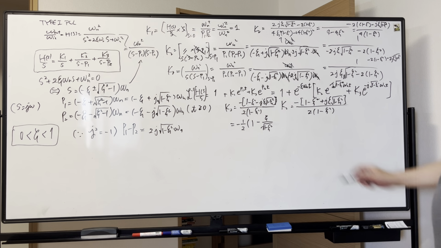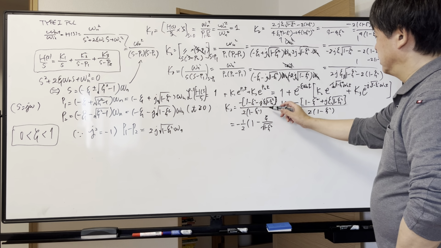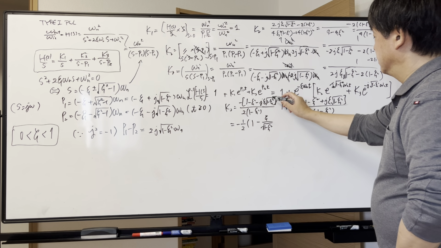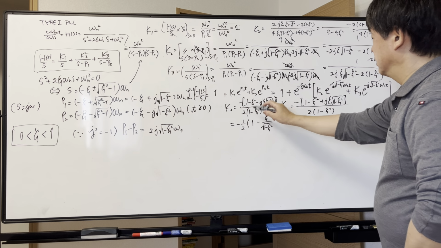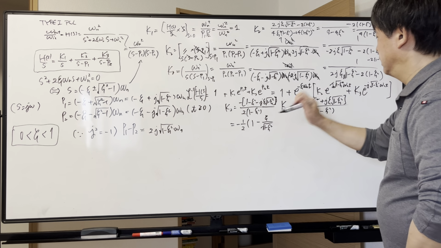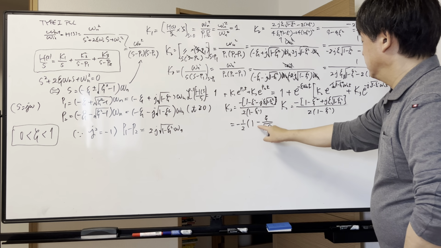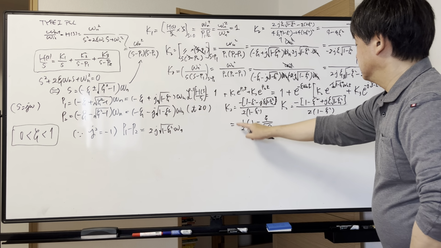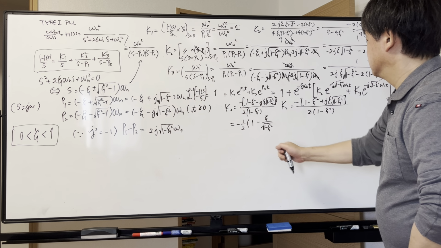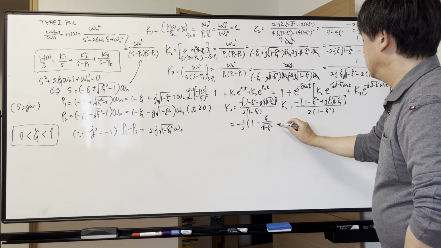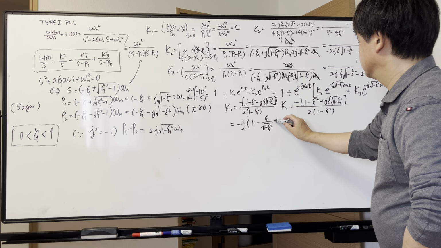Okay, the denominator and numerator are multiplied by square root of 1 minus zeta square, and this is cancelled, and this no longer remains, and this is minus. This is plus 1, and there's a j.